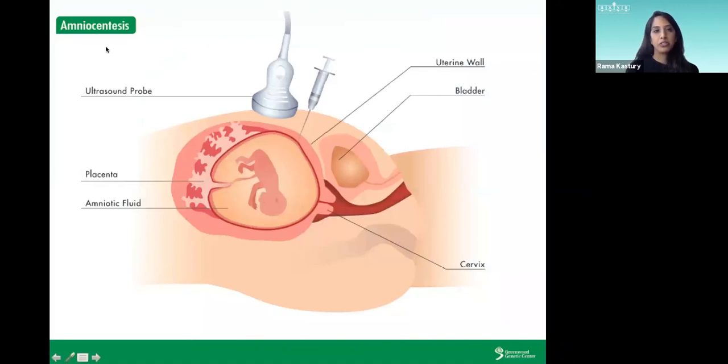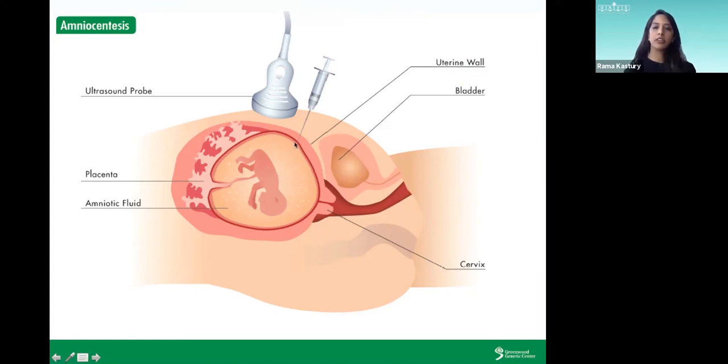Just another quick picture. This is amniocentesis, a similar concept to that transabdominal CVS, but as the placenta has shifted a little, and the patient has gotten a little bit farther in pregnancy, we're now able to access the fluid around the baby.